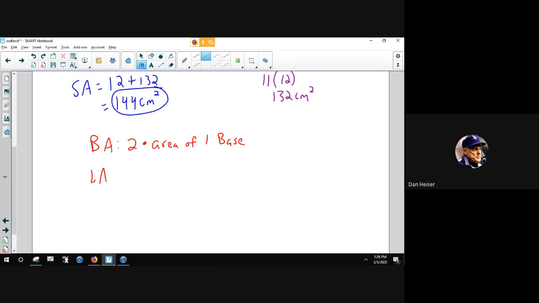For lateral area, it is the base perimeter multiplied by the prism height.